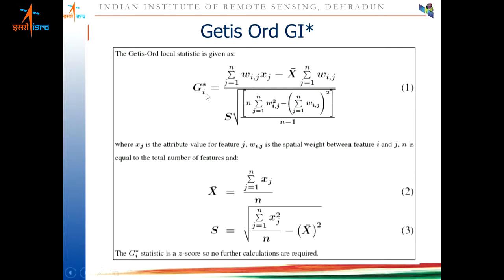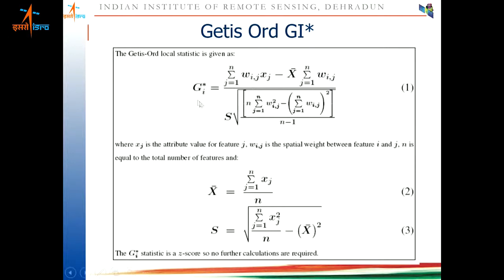So Gi star is equal to the following, and in this case, to find the significance of this Gi score, you don't have to calculate another Z score, because Gi star is itself a Z score. As you know, in a Z score we have the value of the random variable minus the mean of that random variable divided by the standard deviation.